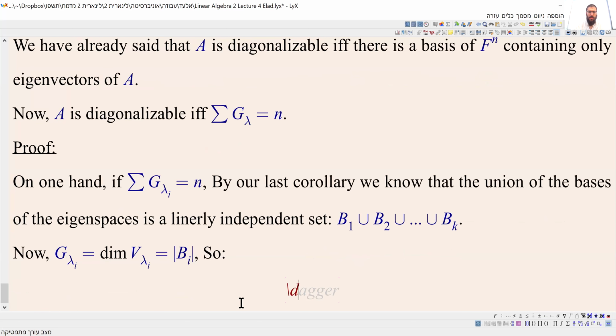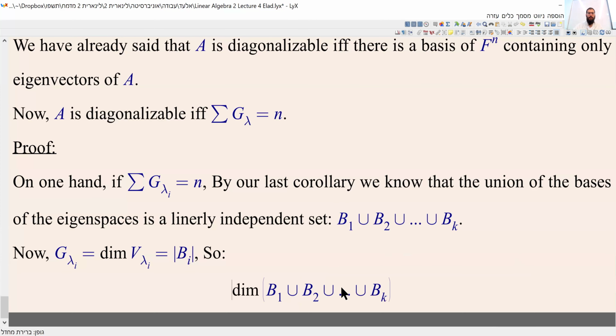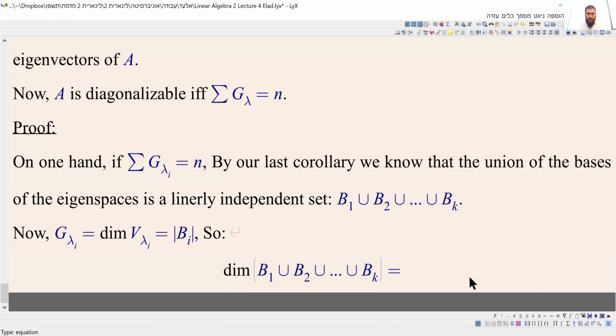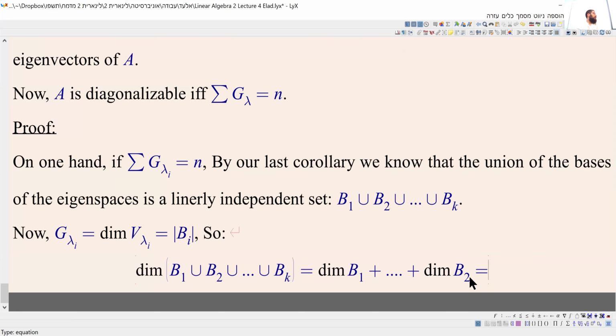So if we want to calculate the dimension of the union of the bases, it is the sum of the dimensions because they are all linearly independent and don't have any common elements.